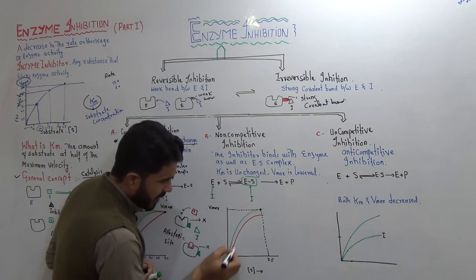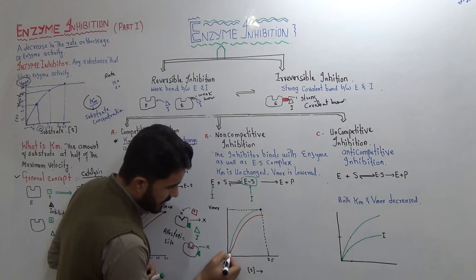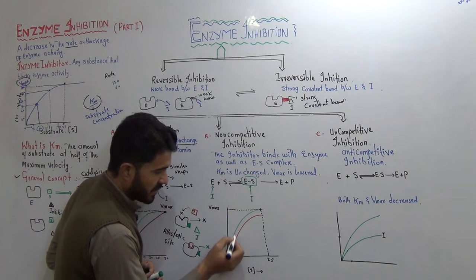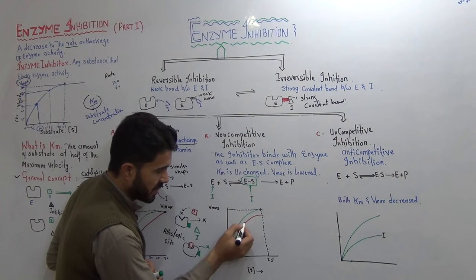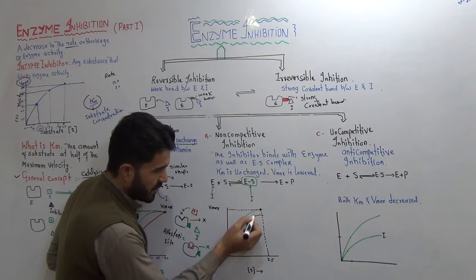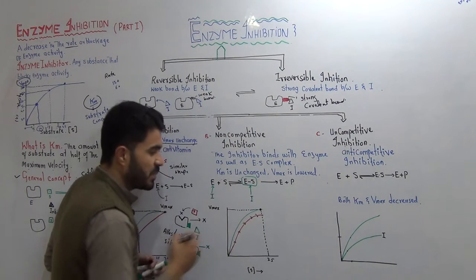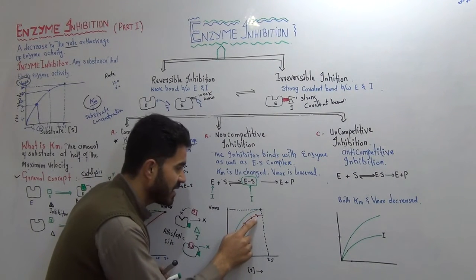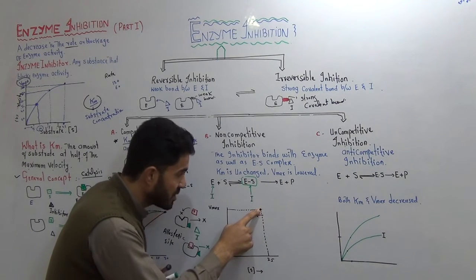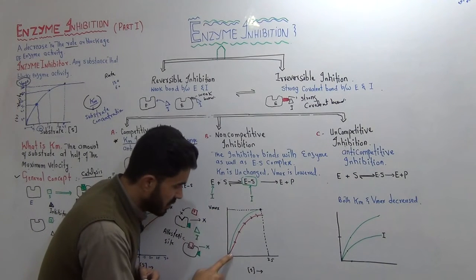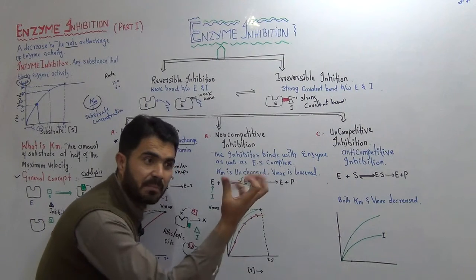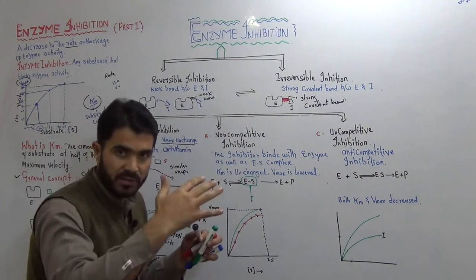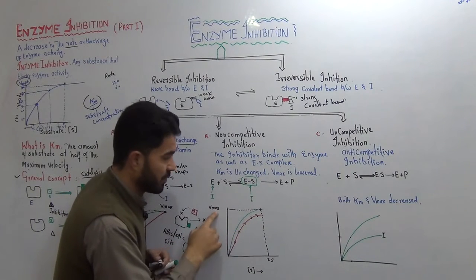But this red line is approaching upward, meaning the reaction rate is increasing, the speed is increasing, but the speed is unable to get to this point. The line is unable to reach this point, because this point is our maximum velocity. So the line is unable to attain the maximum velocity. Yes, it has attained velocity, but it cannot get the Vmax.